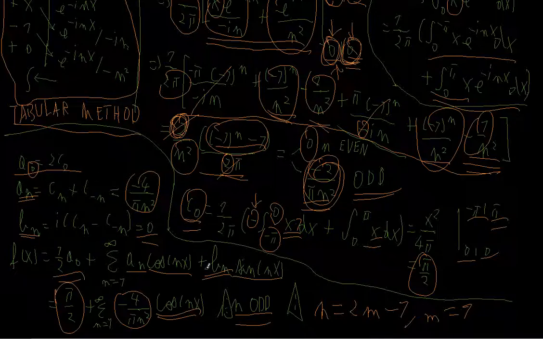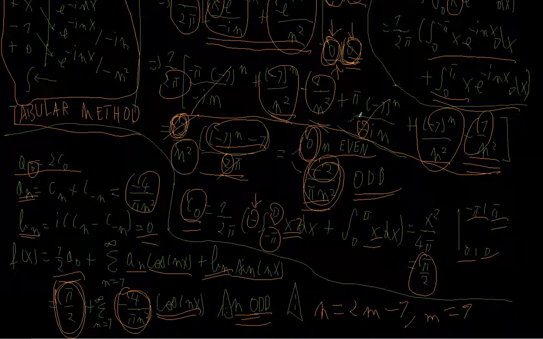For n, if n is odd and not 0, we get that result here, and if n is even and not 0, we get 0 simply, and we have our separate case here where we divide by 0.